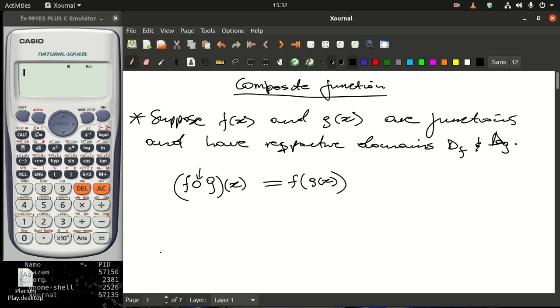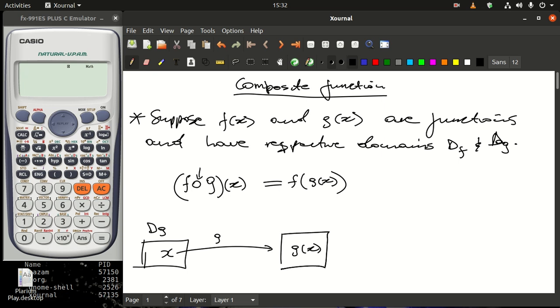Basically, this is saying you have x here, and of course you take this x in the domain of g of x, and then you plug it into g in this function, and then you get the output g of x. After that, that output will be one number amongst the numbers that are in the range of g of x.